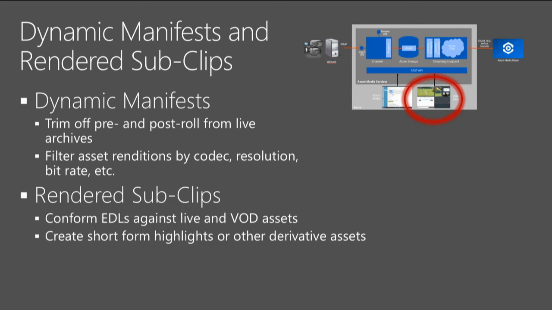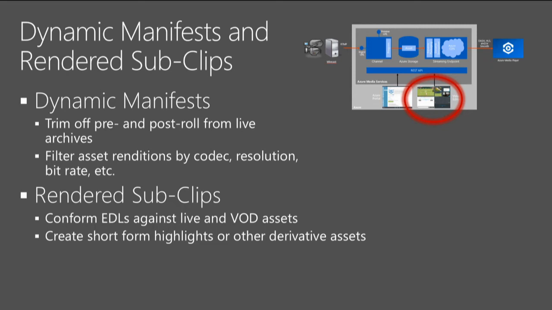But then for the mobile devices, you probably want to have a very low bitrate, low resolution rendition that you deliver to them. So ideally, you want to build one workflow where you have all of those renditions for all those various devices, but you don't want to deliver them to all the devices.